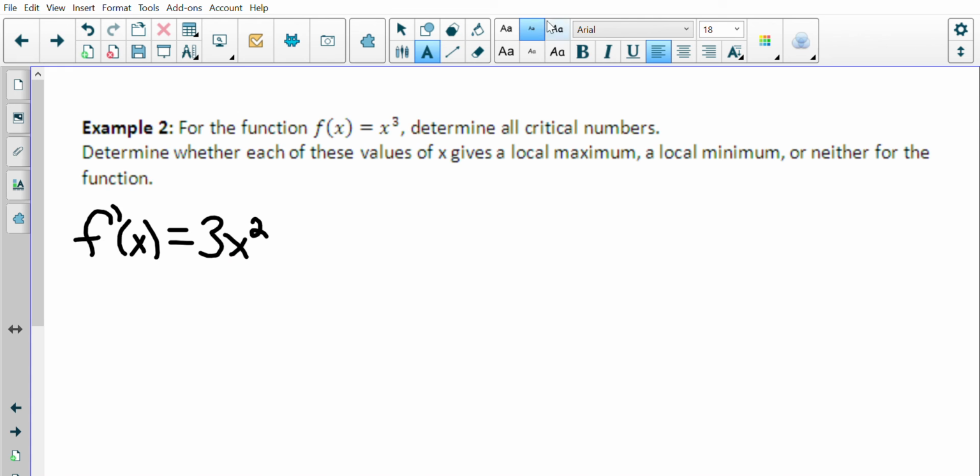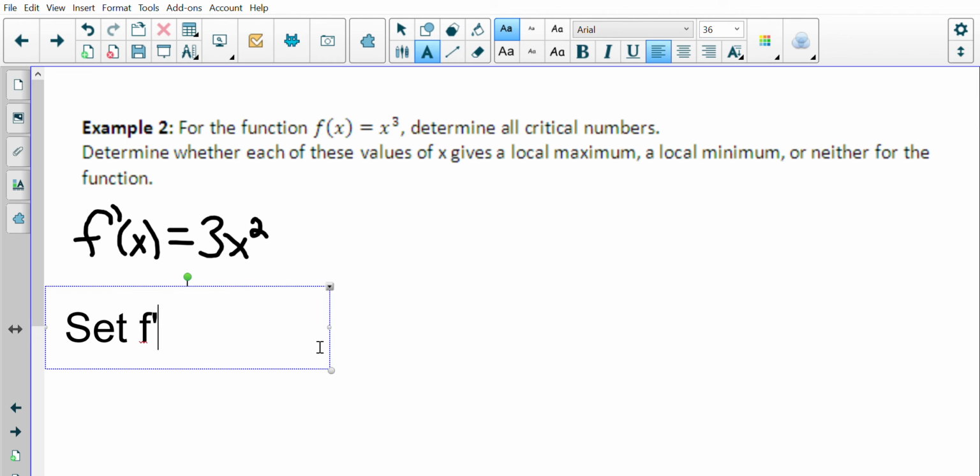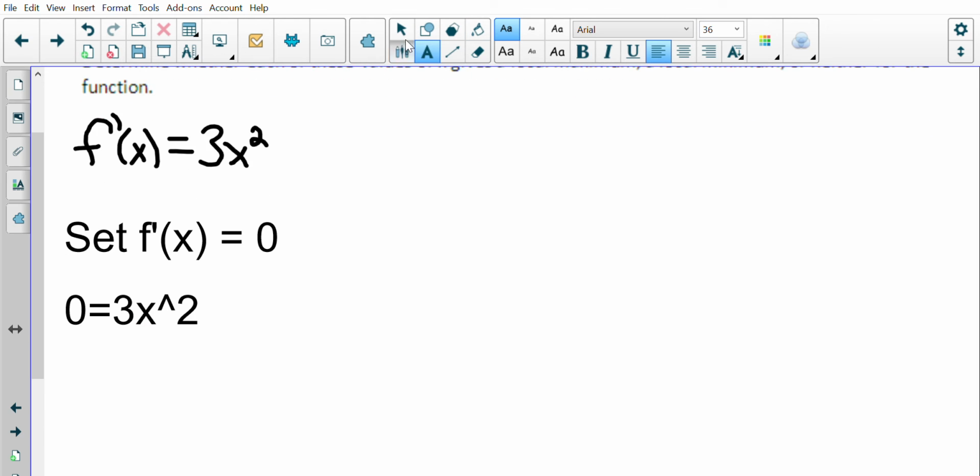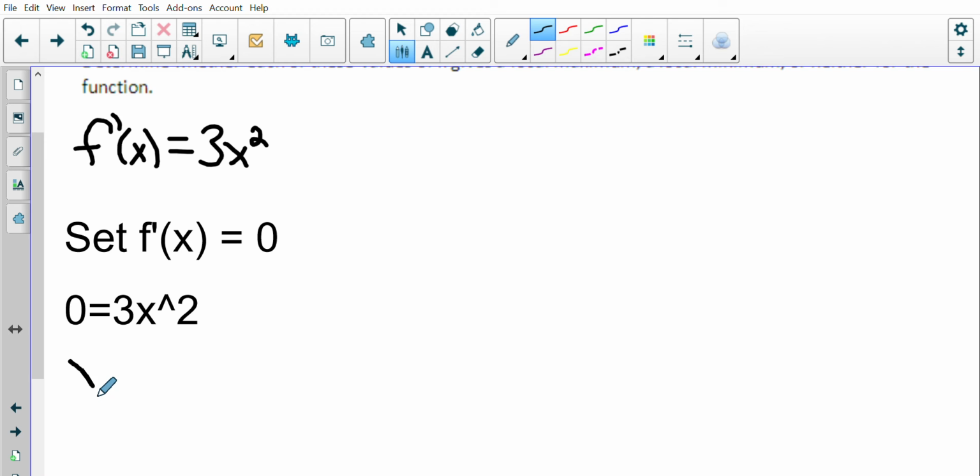All right, then of course the next step here is to set our derivative equal to 0. And let's see here, we end up with 0 is equal to 3x squared. And the only way that 3x squared is equal to 0 is if x equals 0.